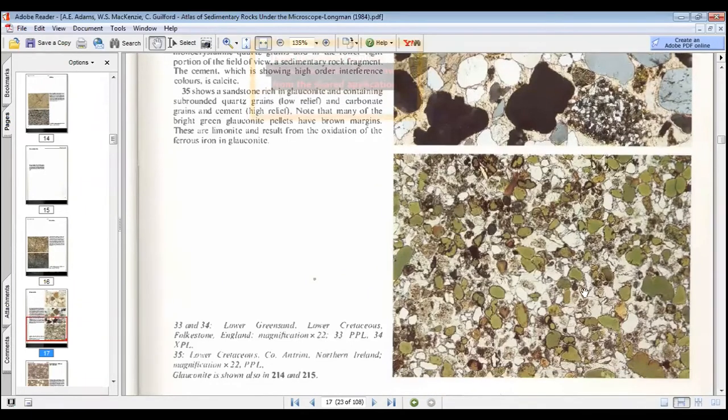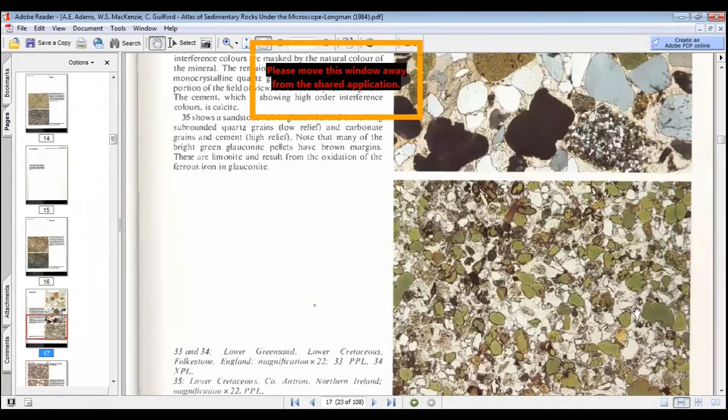However, the cement here again is calcium carbonate, that is calcite, and you can see small grains, of relatively finer grain size than this one, scattered here and there in the thin section, and they represent the glauconite mineral.